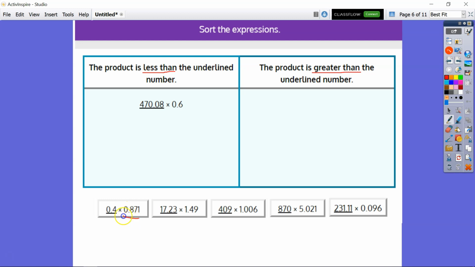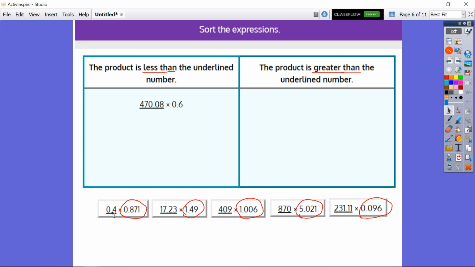So let's go ahead and circle all of our scaling factors, and that's going to make it really easy for us, because we're just going to say, is our scaling factor greater than 1 or less than 1? If it's greater than 1, we're going to put it over here, and if it's less than 1, we're going to put it over here. All right. So we're looking at our scaling factor of 871 thousandths.